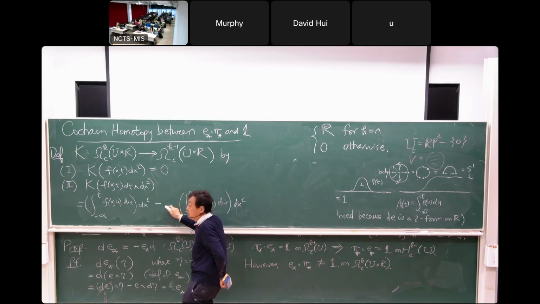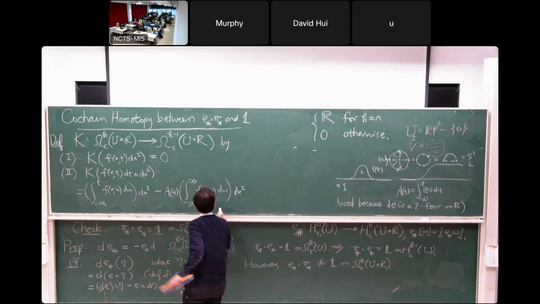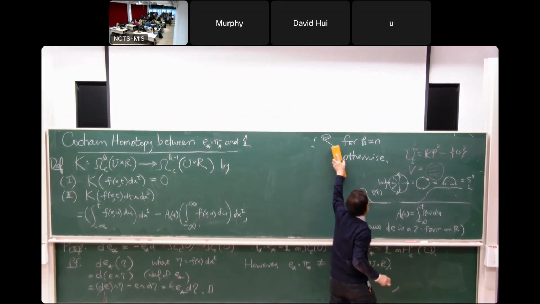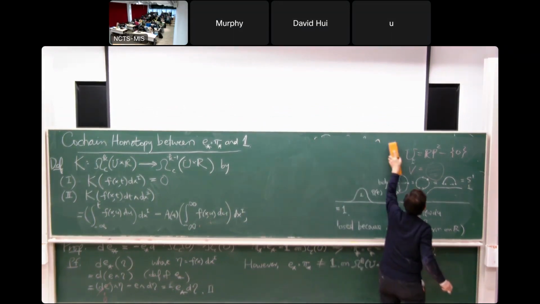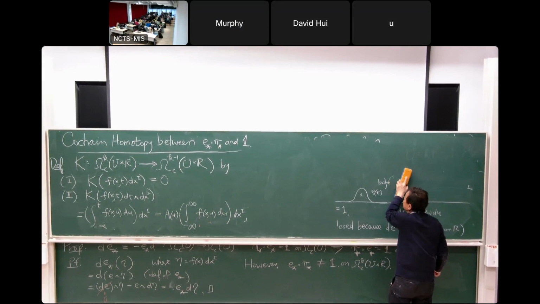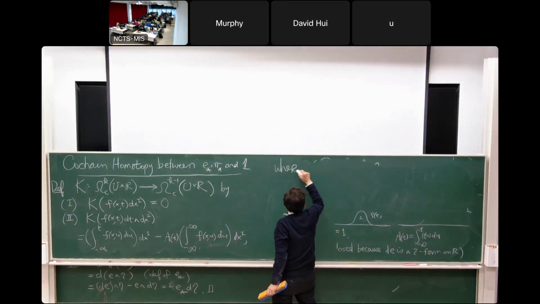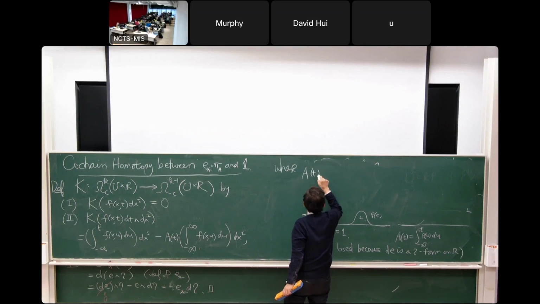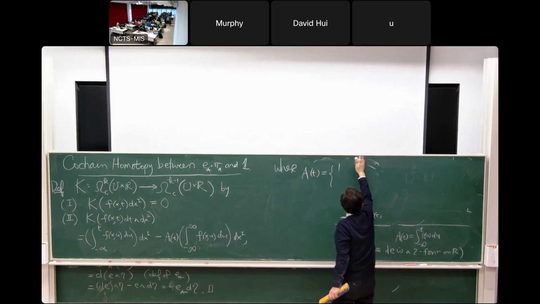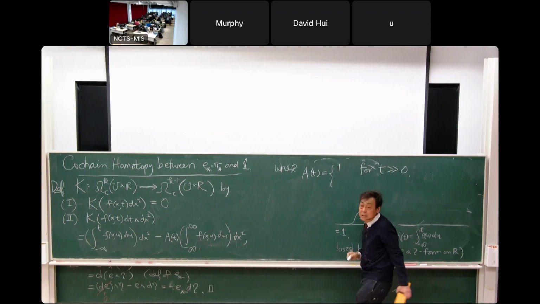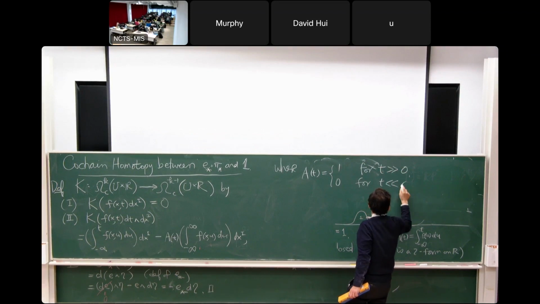So you need to subtract this, multiplied by a function a of t, where a of t is equal to 1 for t large and equal to 0 for t very negative.